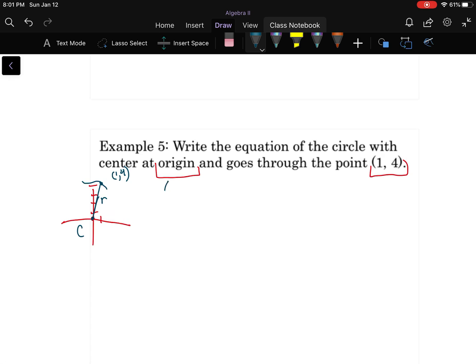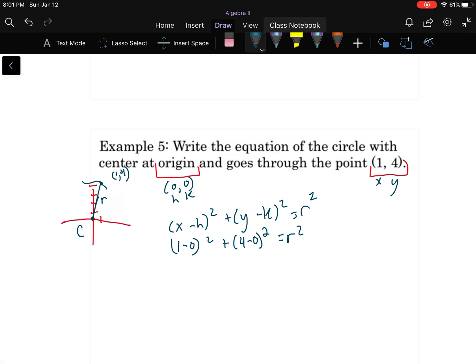I could think of h and k both being 0, and x and y being 1 and 4, and I could just go to my formula, x minus h squared plus y minus k squared, and plug in all that information. So 1 minus 0 squared, my y was 4 minus 0 squared, equals r squared, and it's 1 squared plus 4 squared equals r squared, so 1 plus 16.